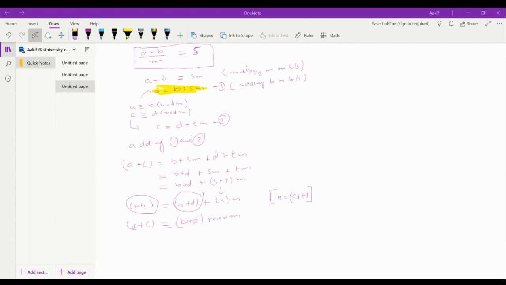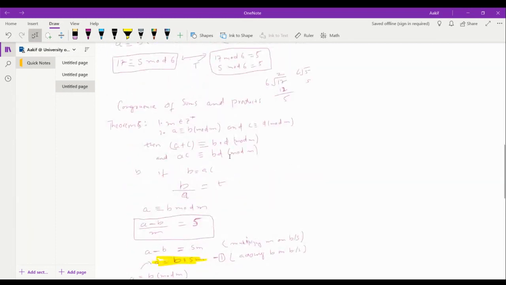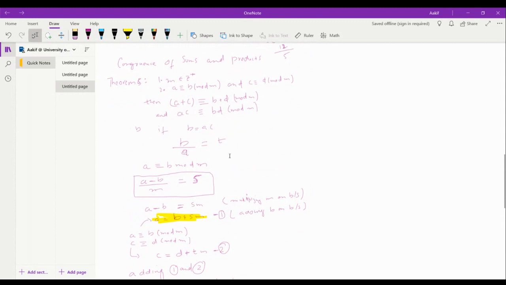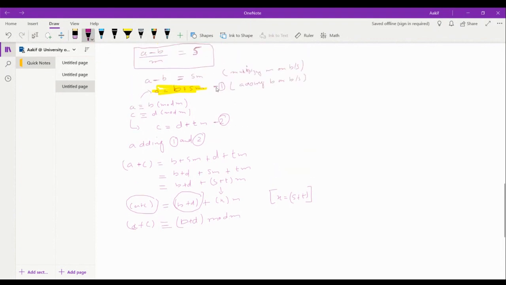Okay, let's try to prove the congruence of the products. So what we'll do is we will multiply first and second.